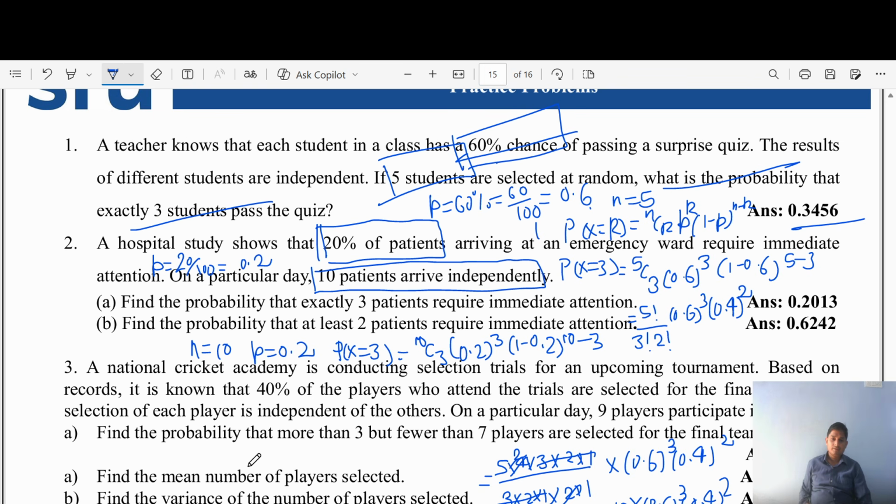If we solve this, we get 10 factorial over 3 factorial into 7 factorial, into 0.2 to the power 3, into 0.8 to the power 7. So if we solve this, we find the answer 0.20.